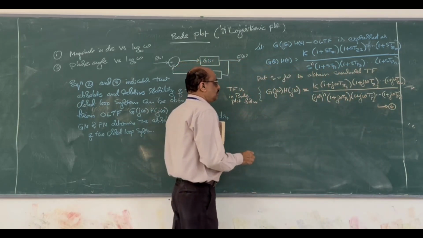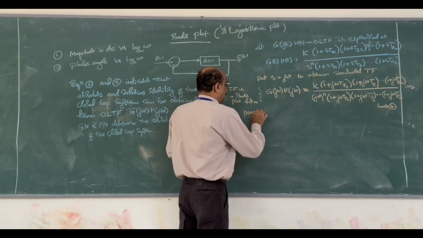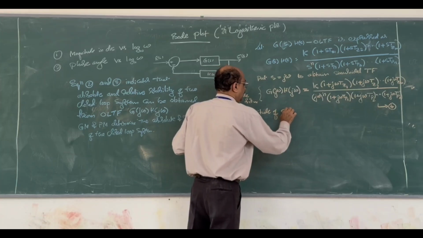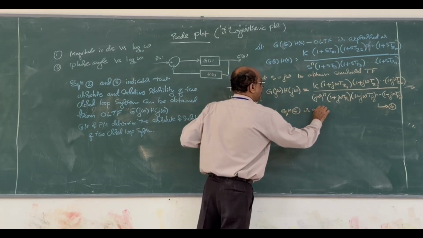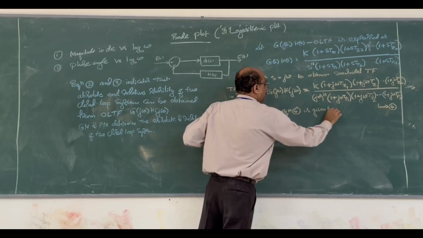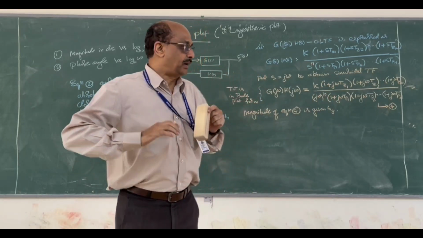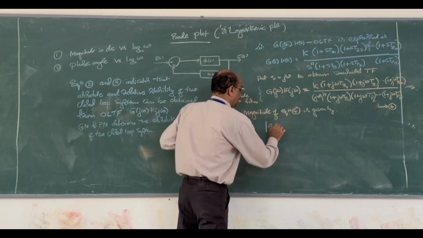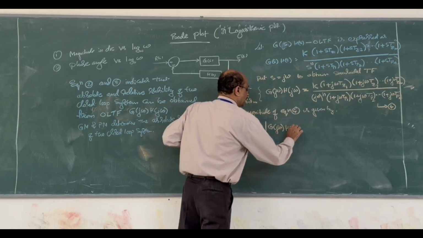The magnitude of equation 4 is given by the modulus of G of j omega H of j omega.